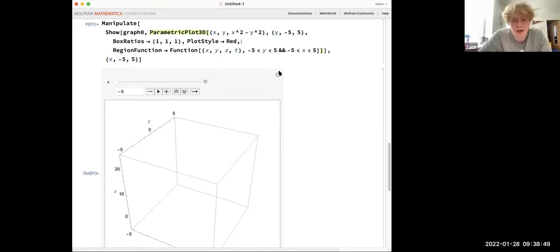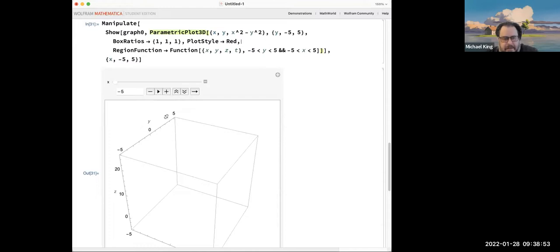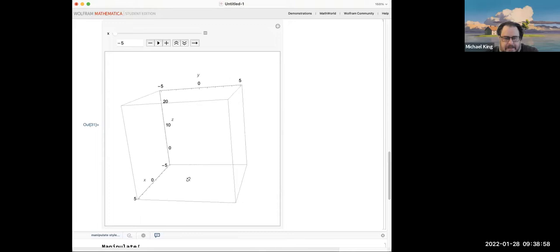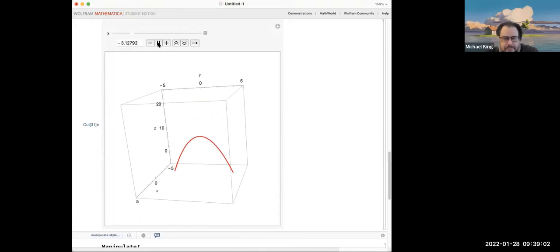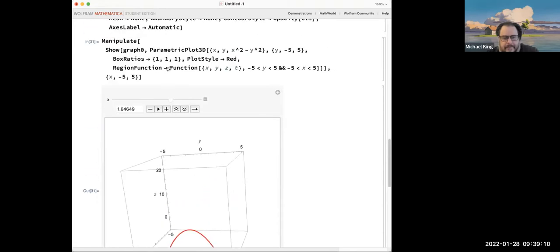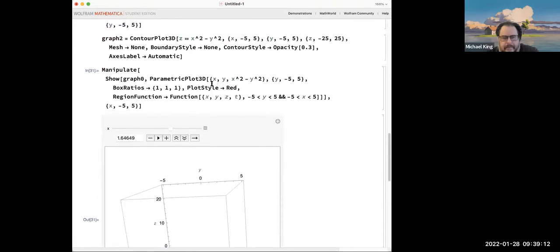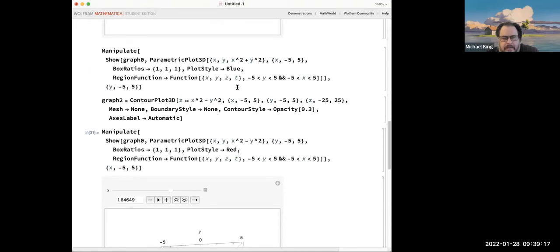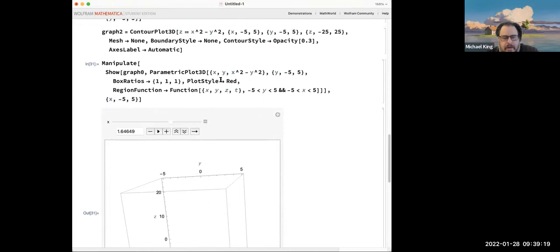Is it just an upside down parabola? Yeah, they're upside down parabolas now, right? So again, let me turn this. X-axis is there. There we go. So those are upside down parabolas.